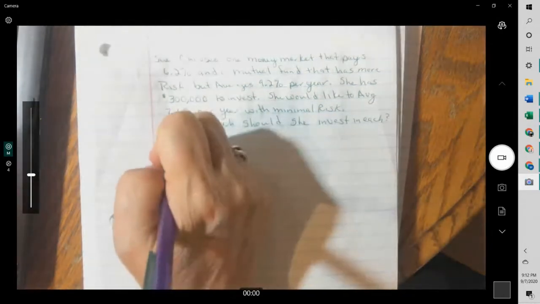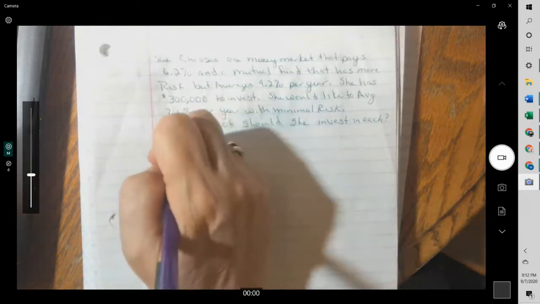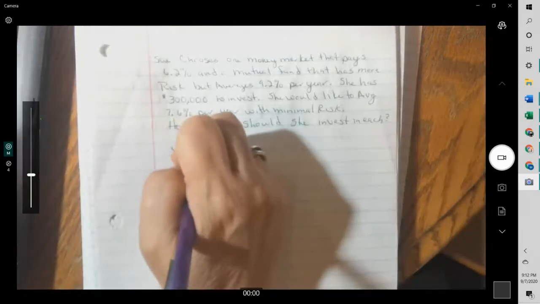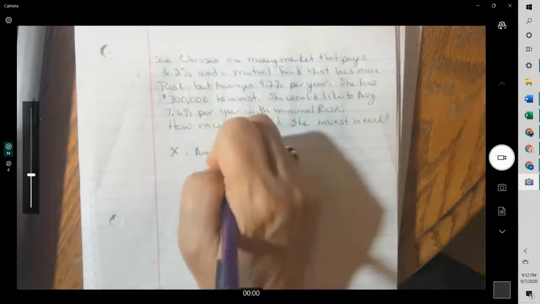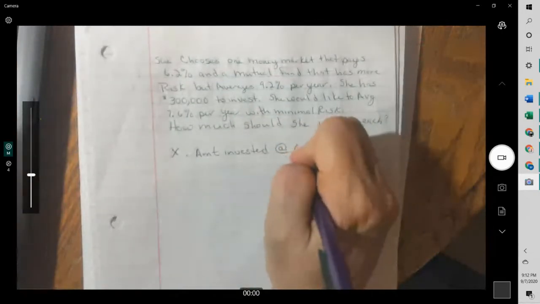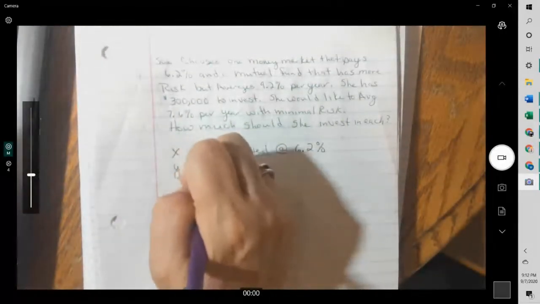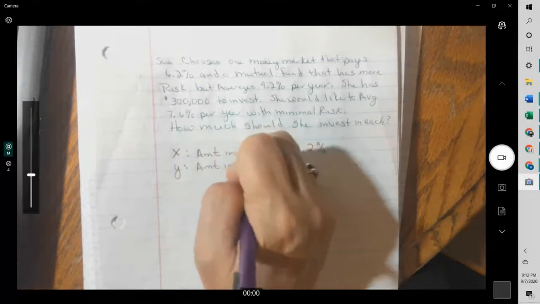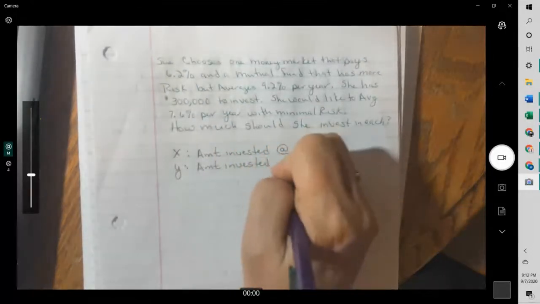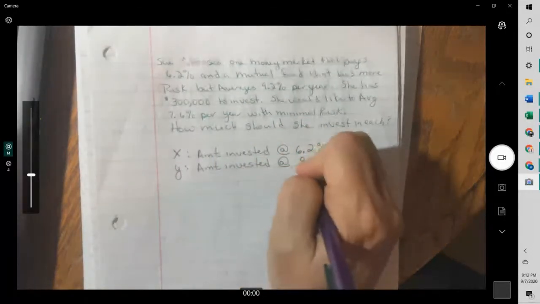Okay, now you want to notice we're talking about two different things. One, we're talking about percents, and the other one, we're talking about the total amount of money she's going to invest. So if we take X and let it be the amount invested at 6.2%, and let Y be the amount invested at the riskier one, which was 9.2%.